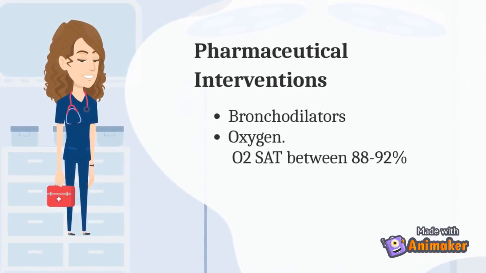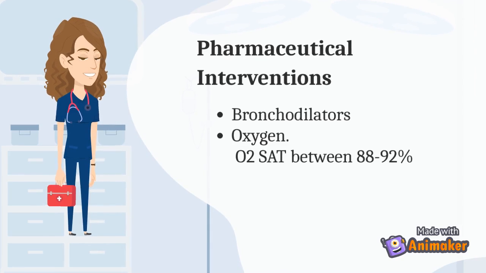For pharmaceutical interventions, physicians will often prescribe bronchodilators as well as other PO medication to open the airway and reduce severe exacerbations. Secondly, O2 saturations are closely monitored in COPD patients and oxygen is applied accordingly.